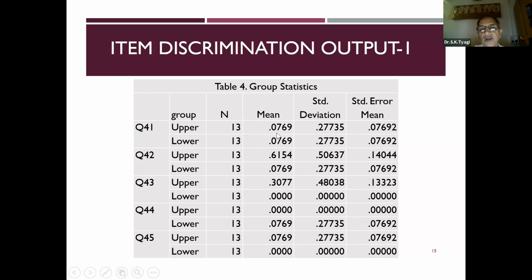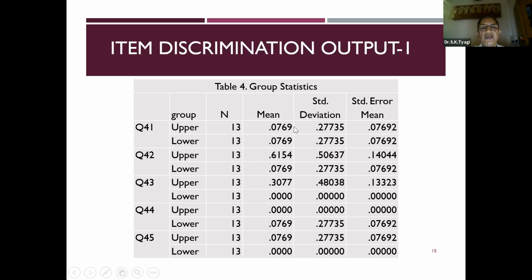Now on this particular item, the maximum mean could be 1, lowest mean could have been 0. Why? Because if every response was 1, the mean would have been 1. If every response was 0, the mean would be 0.